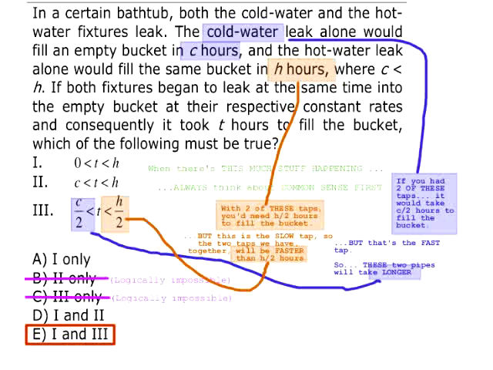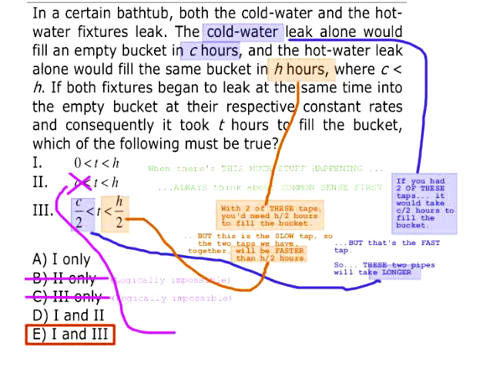So you don't need to think about it. You can also, if you think about these things, realize it's not going to take you longer with 2 taps. You can also realize that statement 2 is false. That's also common sense, because C is how long the cold tap takes alone. So if you turn on the cold tap and anything else, then it's definitely going to take you less than C, right?